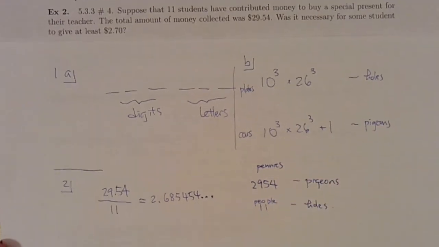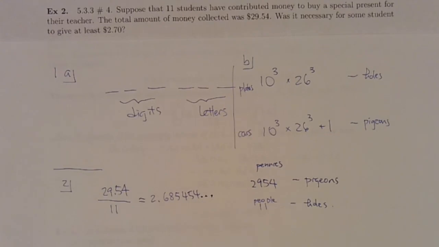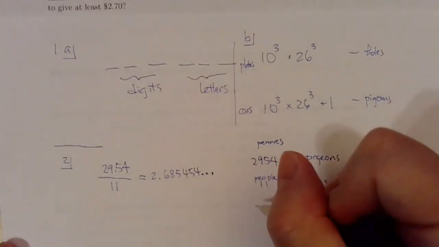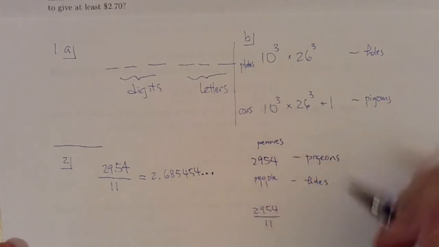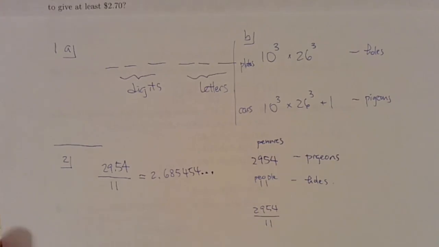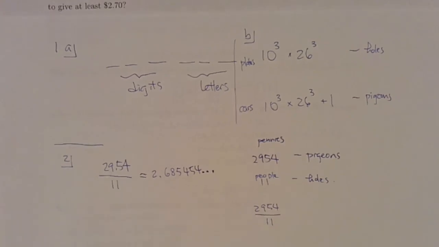And if you put the 2,954 pigeons into the 11 holes, then on average, you would need to put that many pigeons into each hole. And now you can round this up.